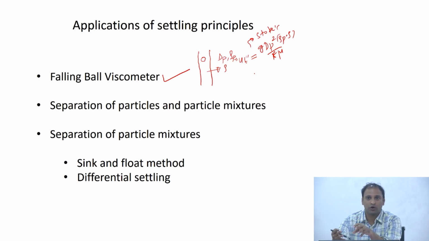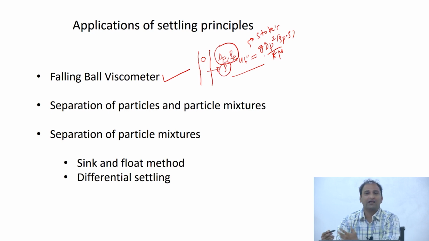As long as you ensure that, I can exploit the Stokes settling principle, and if I'm working with particles of well defined sizes and densities and fluids of known density, I can actually calculate the viscosity. That's one of the applications that we've looked at already so far.